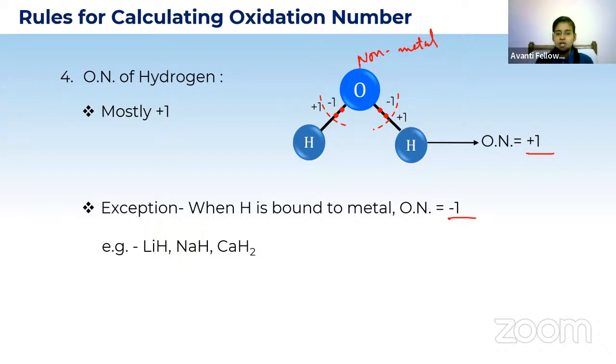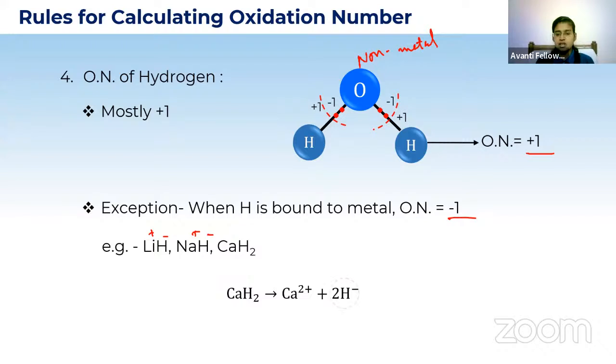You can see the examples, right? Lithium hydride, sodium hydride, calcium hydride. If I take lithium hydride, it is Li+ H-. Here Na+ H-. And in the case of calcium, calcium is a second group element, right? So it will dissociate like this: calcium 2+ and 2H-.